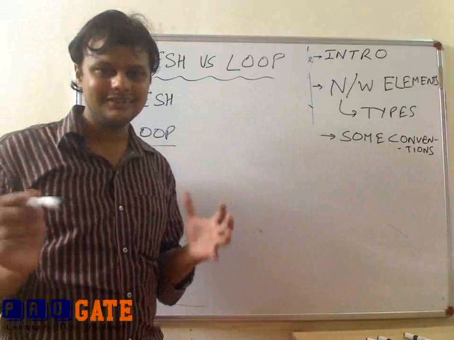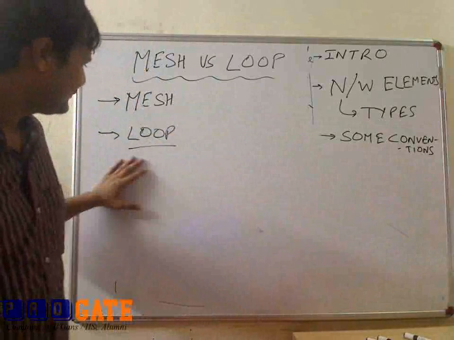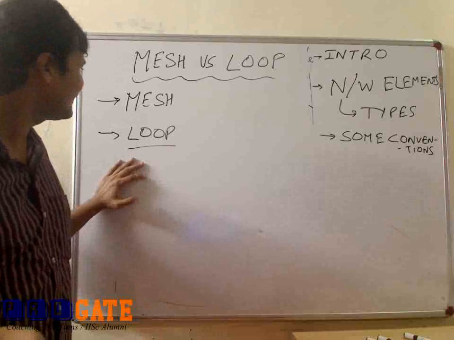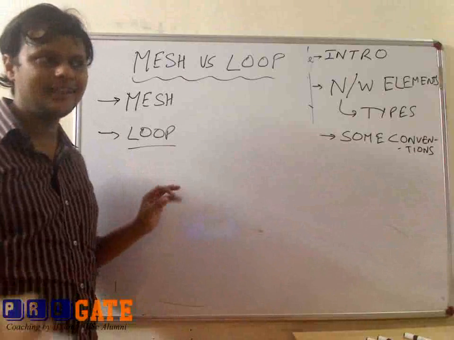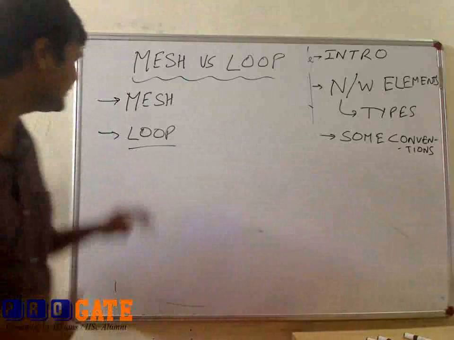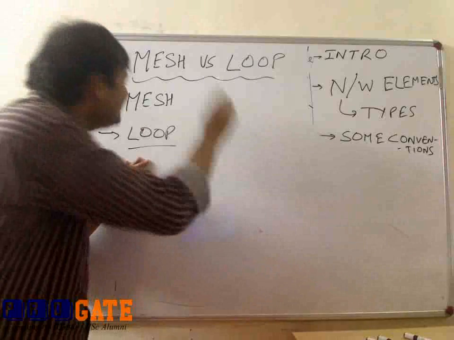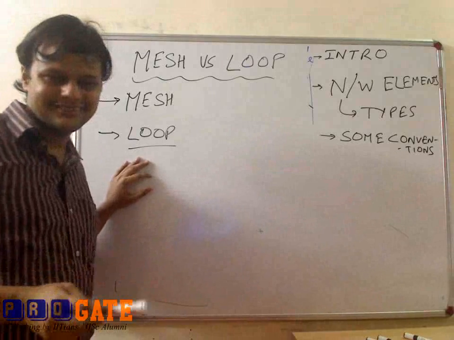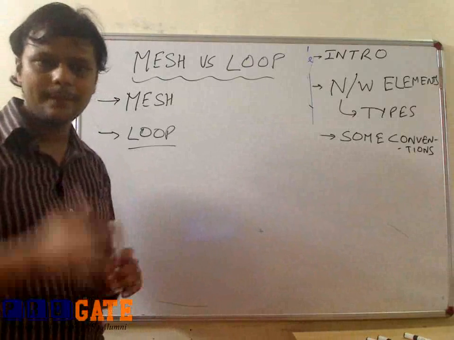Any closed path in a circuit or more generalized network is called loop. Any closed path in a network is called loop. And the smallest closed path in a network which cannot be further divided is called mesh. This is the definition. Again I am repeating. Any closed path in a network is called loop, but the smallest or elementary closed path in a network is called mesh, which cannot be further divided.